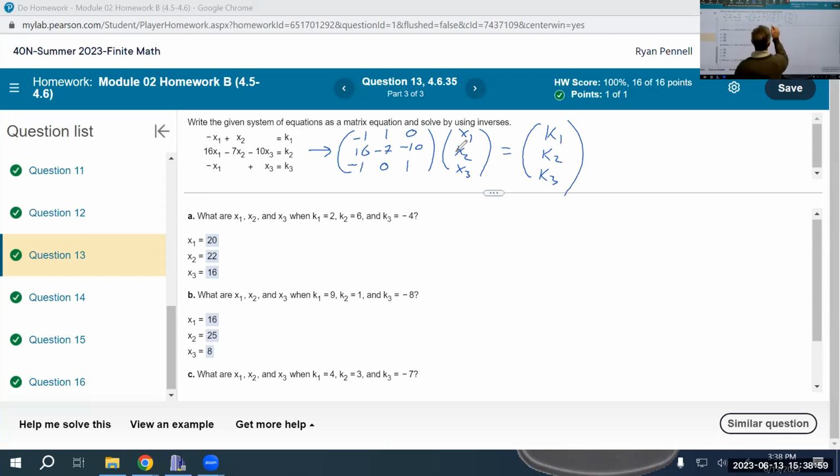And so capital X will equal A inverse times capital K. I'll give you various K's. So you just need to find the inverse of that, just as we did before, which you could do from row reduction, calculator, or, well, that's our only options because that's a 3 by 3. So we don't have a formula for that.